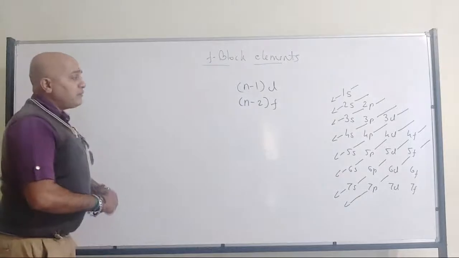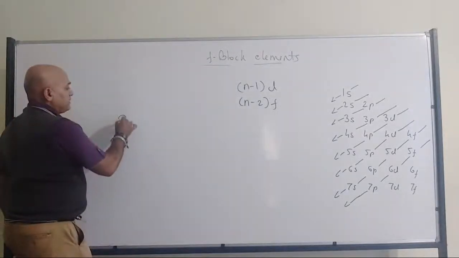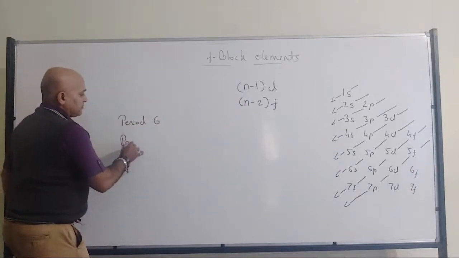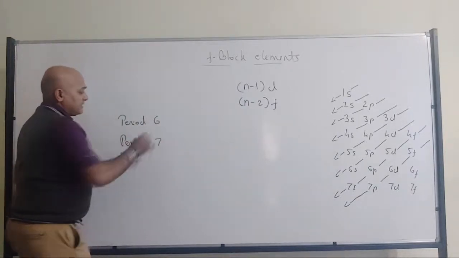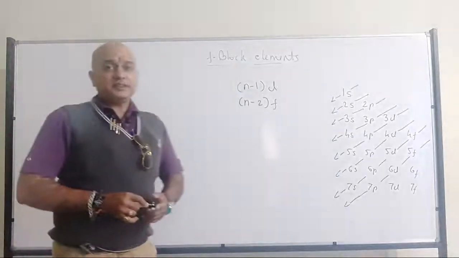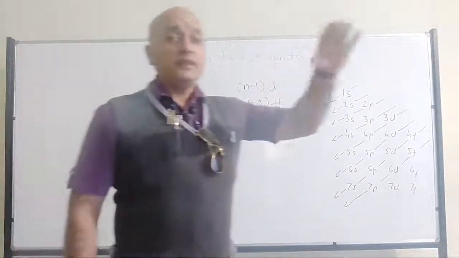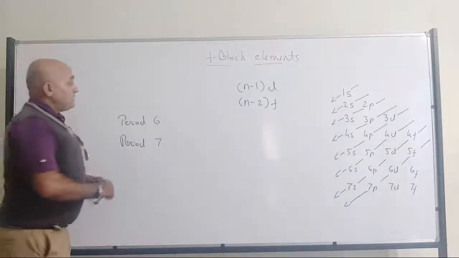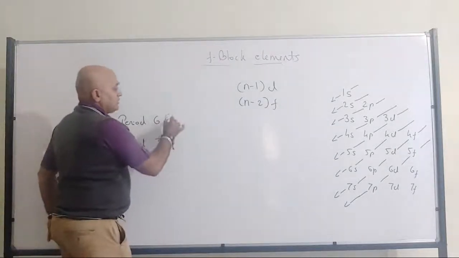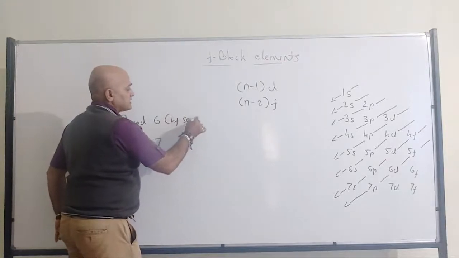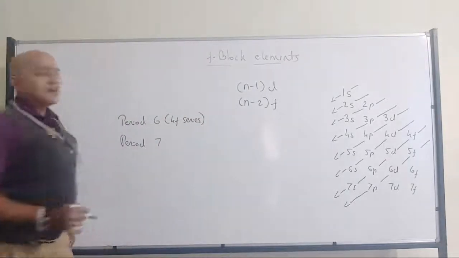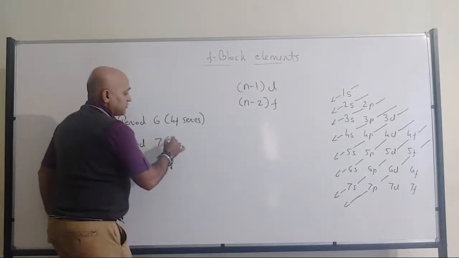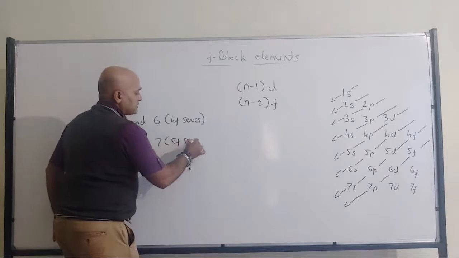Therefore F block elements will start from period 6 and period 7, the last two periods, which are shown at the bottom of the periodic table. Period 6 will be called the 4f series, and period number 7 will be the 5f series.